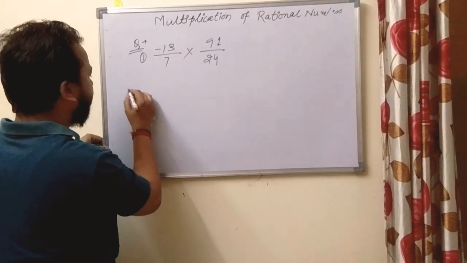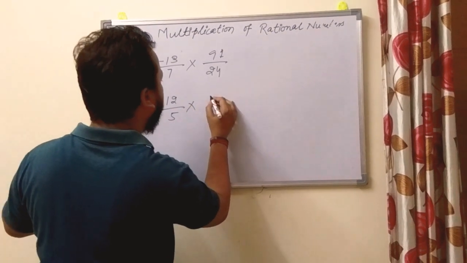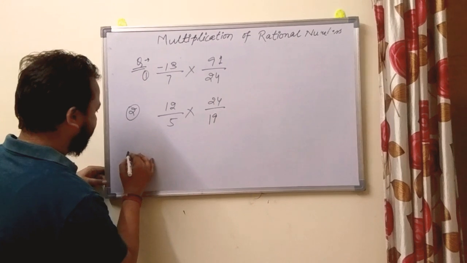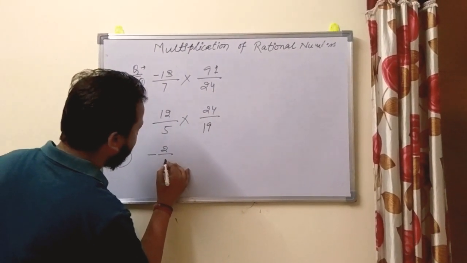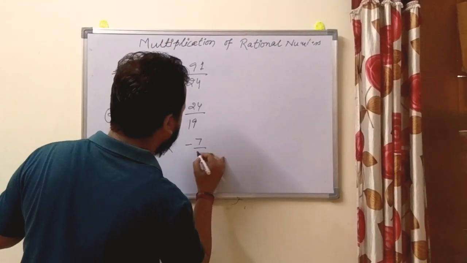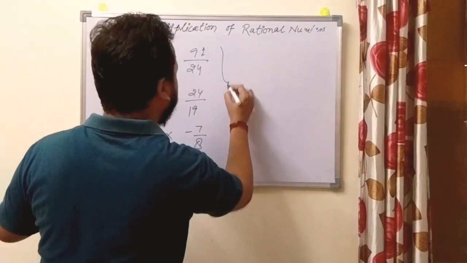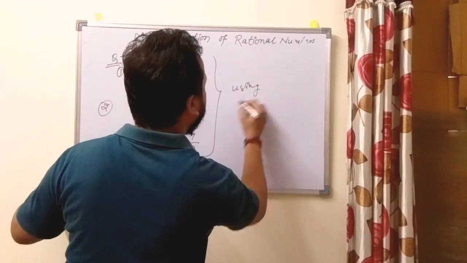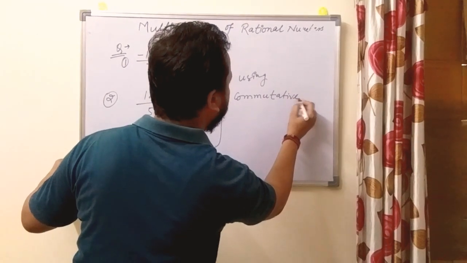Second one is 12 by 5 multiplied by 24 by 19. Third is minus 2 by 5 multiplied by minus 7 by 8. These questions have to be solved by using the commutative property.